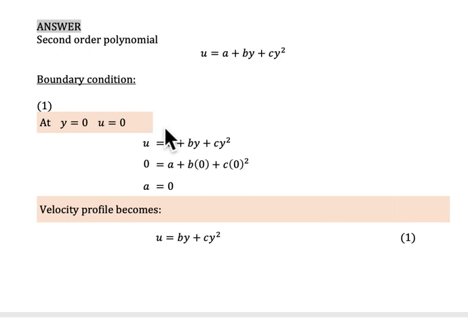Because of the no-slip condition. So we substitute y equal to 0 and u equal to 0 in this equation. We could say that the value of a must be 0. Then the velocity profile becomes u equal by plus cy squared.